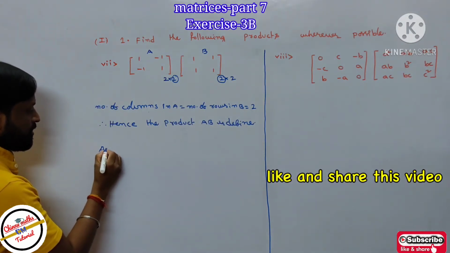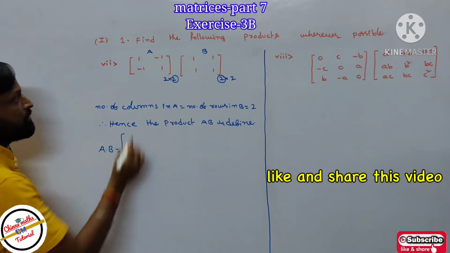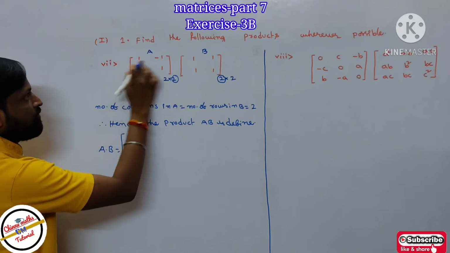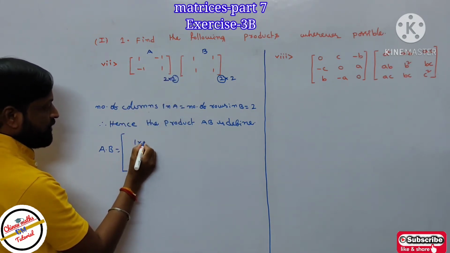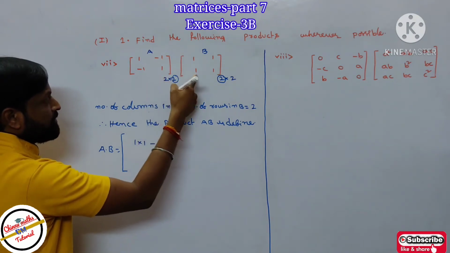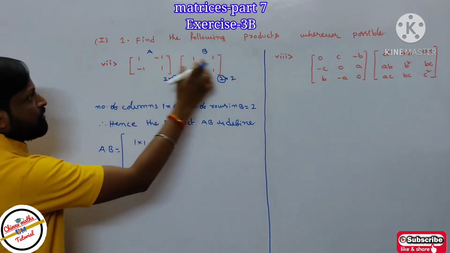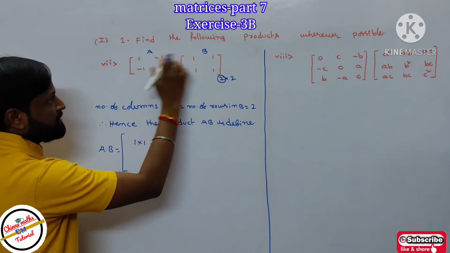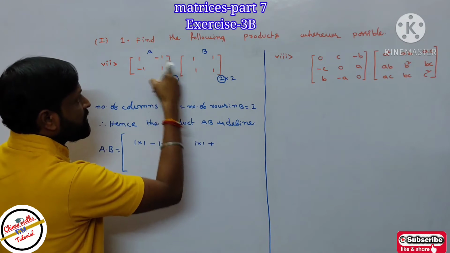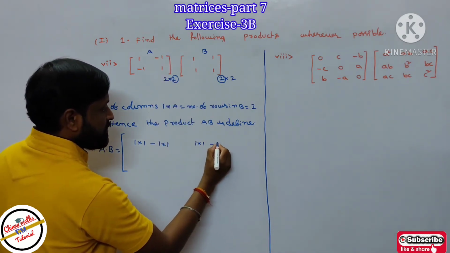Then you can write the product AB, A into B. First row and first column, directly you have to multiply. 1 into 1, plus minus 1 into 1, again 1 into 1. Next first row and second column, 1 into 1 plus again minus 1 into 1, that is minus 1.